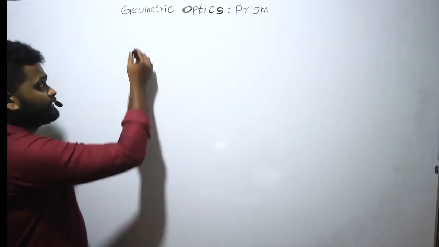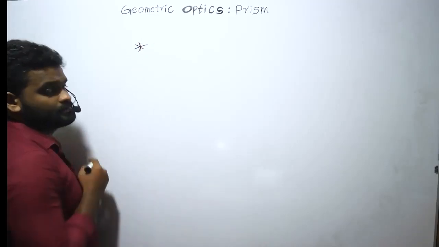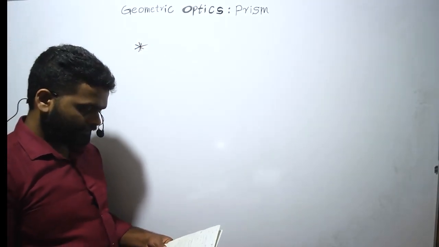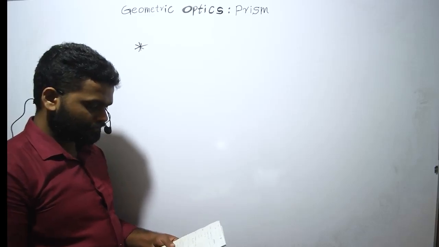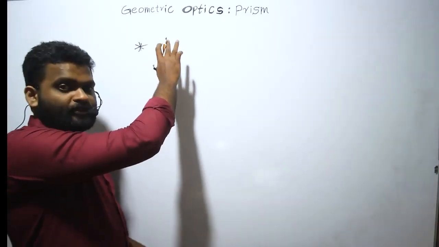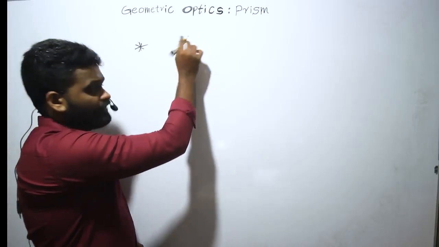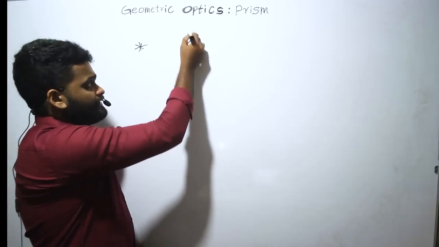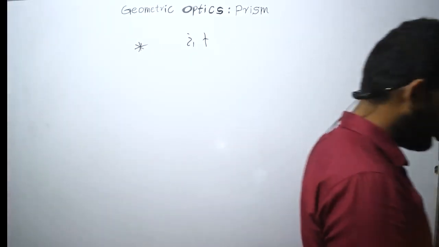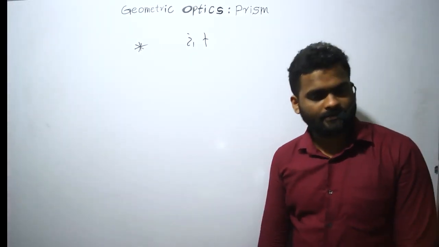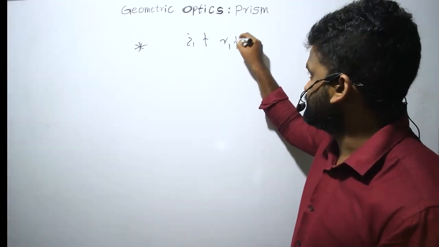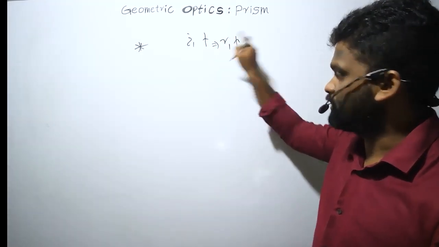Then put another asterisk mark. This is another thing you have to understand, right? Write down: when I1 increases, what happens? R1 increases, right? We saw that R1 increases.